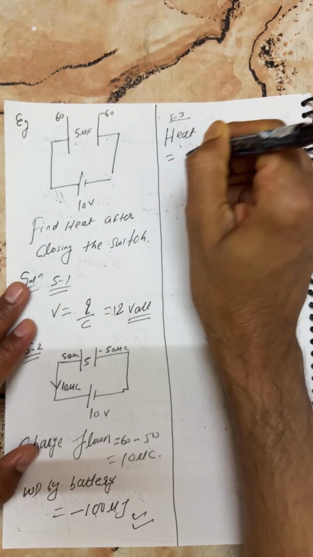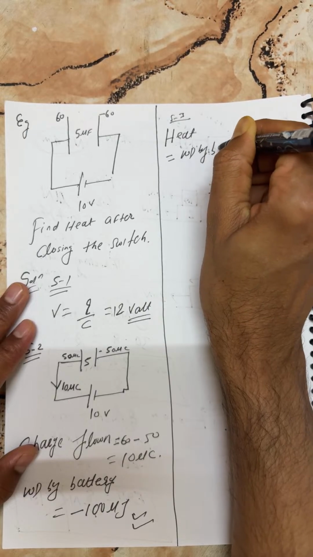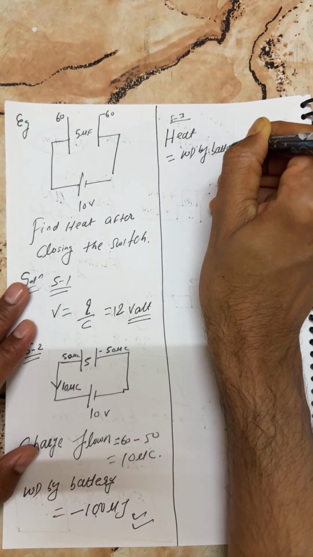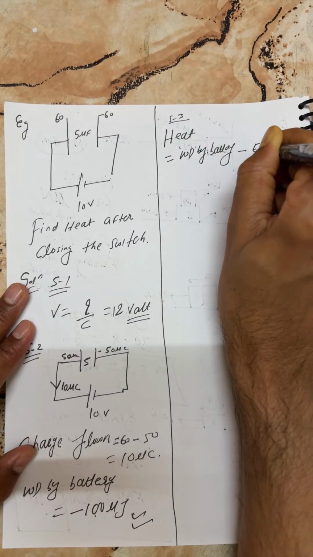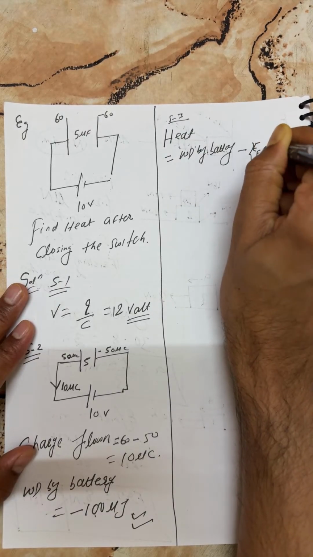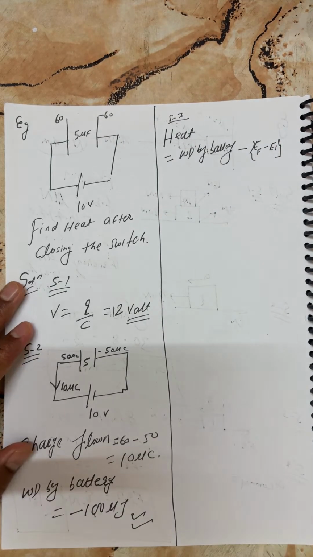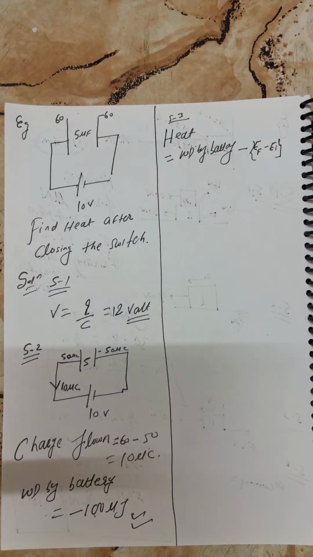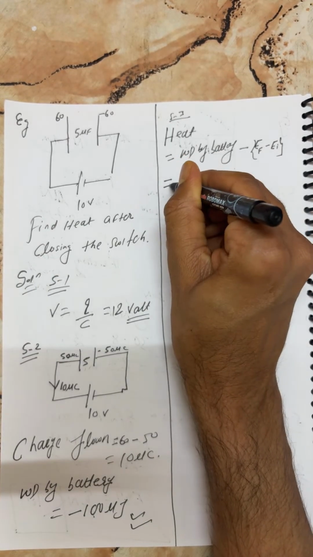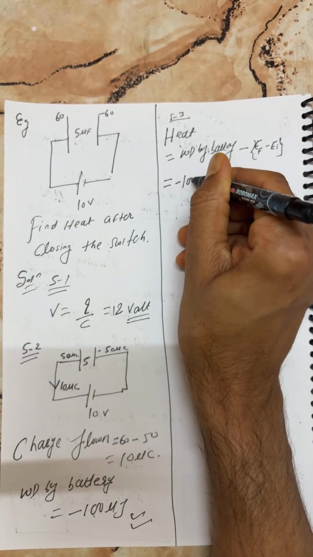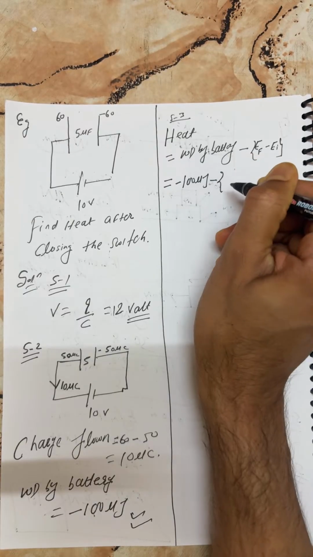Heat is work done by battery minus energy final minus energy initial. Work done by battery, already found, is equal to minus 100 microjoule, minus the energy.